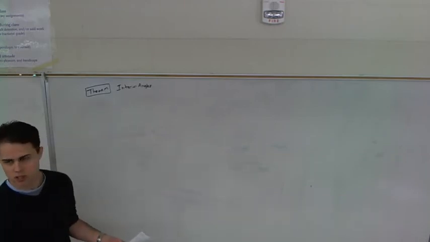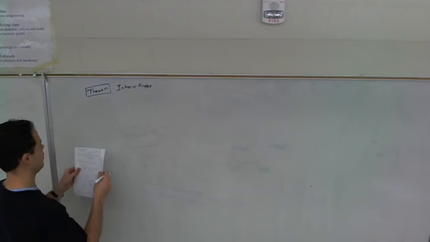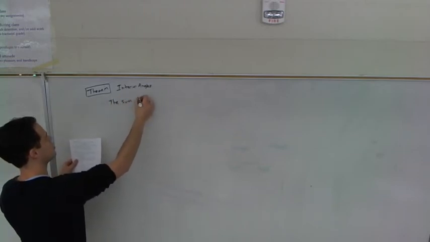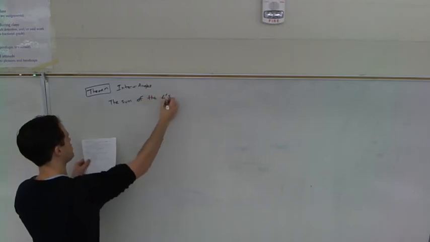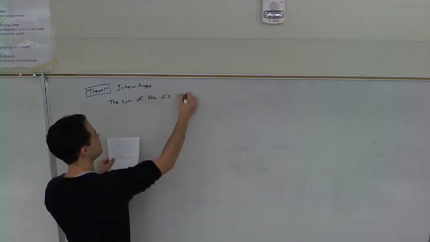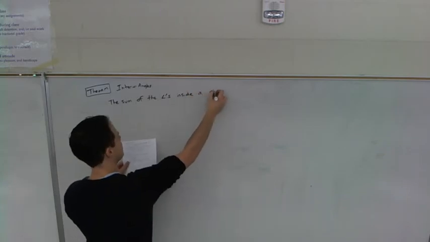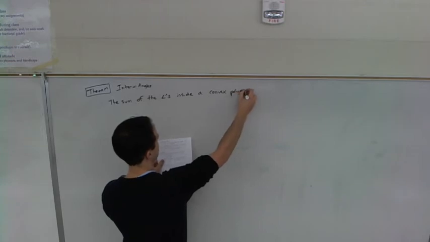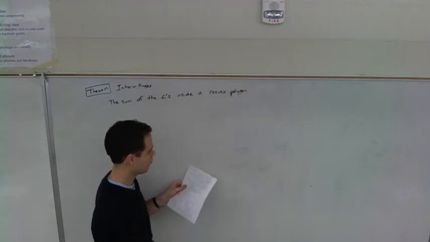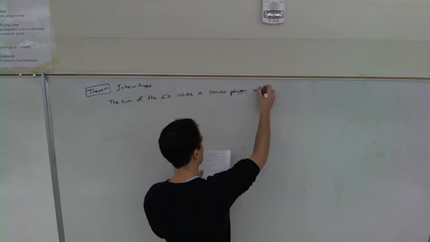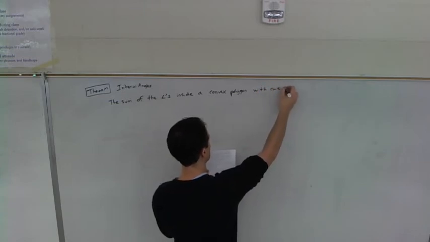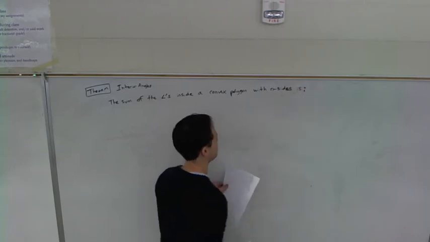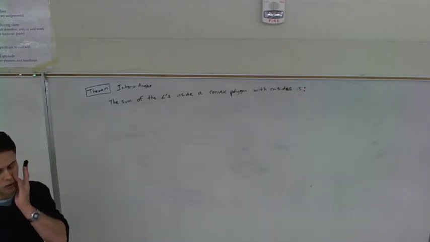Do you want to remember each one separately? No. Probably not. So, the sum of the interior angles, if it's a convex polygon, which most of the stuff you end up working with is convex, and it has n sides, this is a formula, one of the few that we need to remember.